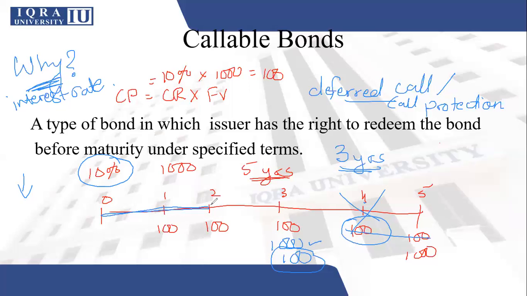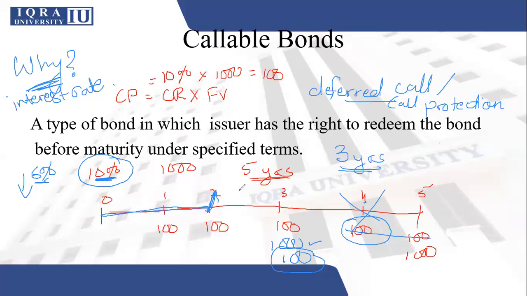But after 2 years, the other bonds in the market are now being issued at a rate of 6%. Now, the corporation still has to keep on paying an interest of 10%, whereas in the market, their competitors who are now issuing bonds 2 years later are paying an interest rate of 6%. So the corporation has to pay 4% extra for the remaining 3 years.